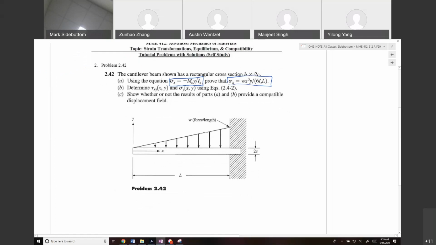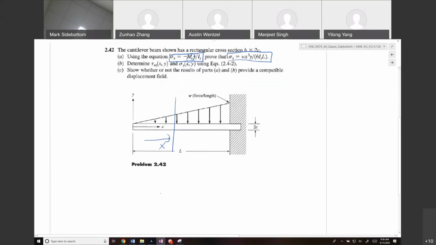So what we need to determine is what Mz of x is equal to as a function of x. To do that, we can take a section cut of our beam at some arbitrary location x. If we do that, we get our beam here.